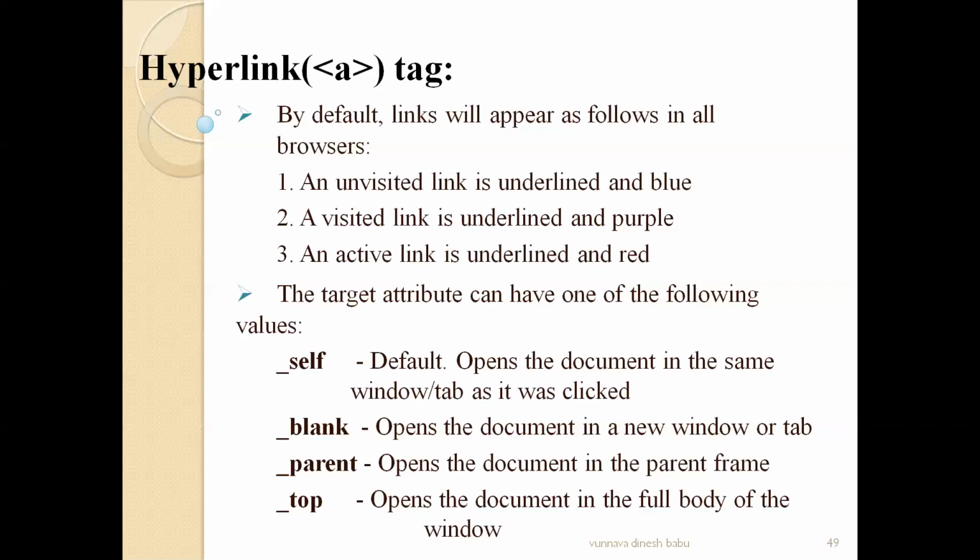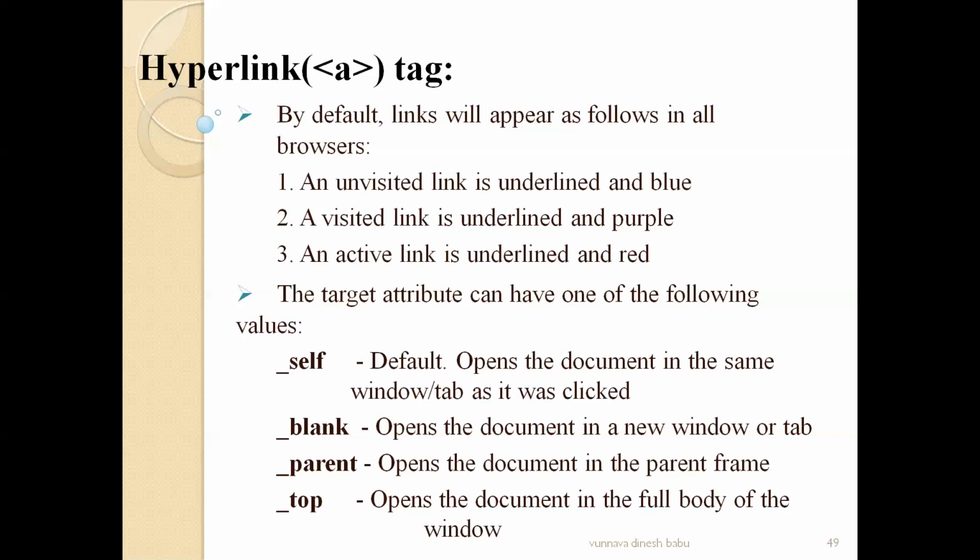When we click on that link, the link will be in an active state, and whenever the link is in active state, it will be in red color. We have already seen this in the last class. Initially the link is blue, and when we click on the link it turns red and then immediately turns purple. Purple color defines that the link was already visited.